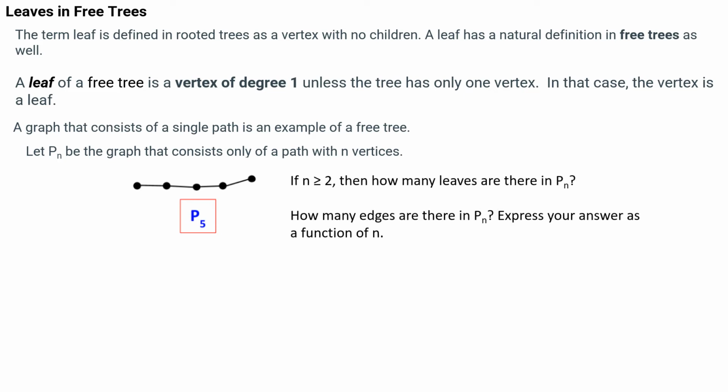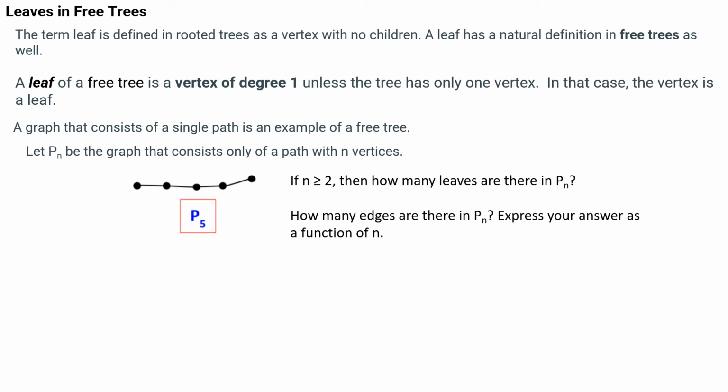Now, if n is greater than or equal to 2, let's think about how many leaves there would be in P sub n. The reason we're saying n greater than or equal to 2 is we're not going to consider that situation where a tree is only one little dot. So we're assuming there are at least 2 connected vertices in the trees we're going to look at. How many leaves are there? Let's look at this one.